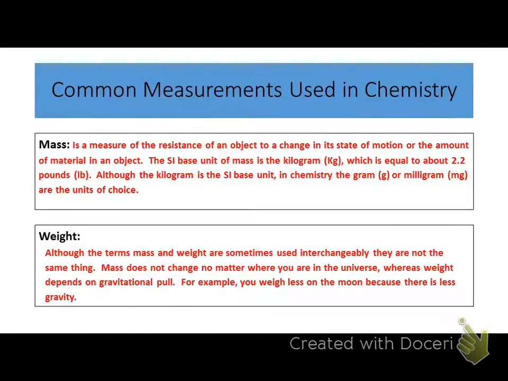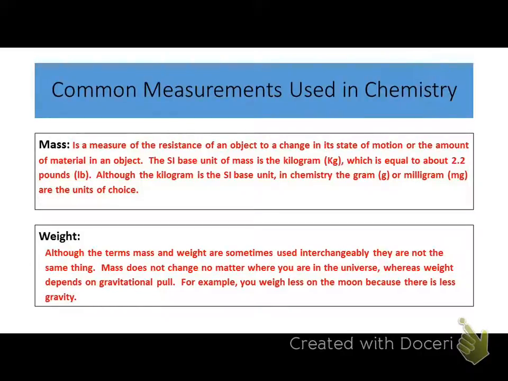Alright, let's look at mass. By definition for this class, we're going to consider mass is a measure of the resistance of an object to a change in its state of motion, or really the amount of material an object has. So the more material that an object is made up of, the more massive it is.